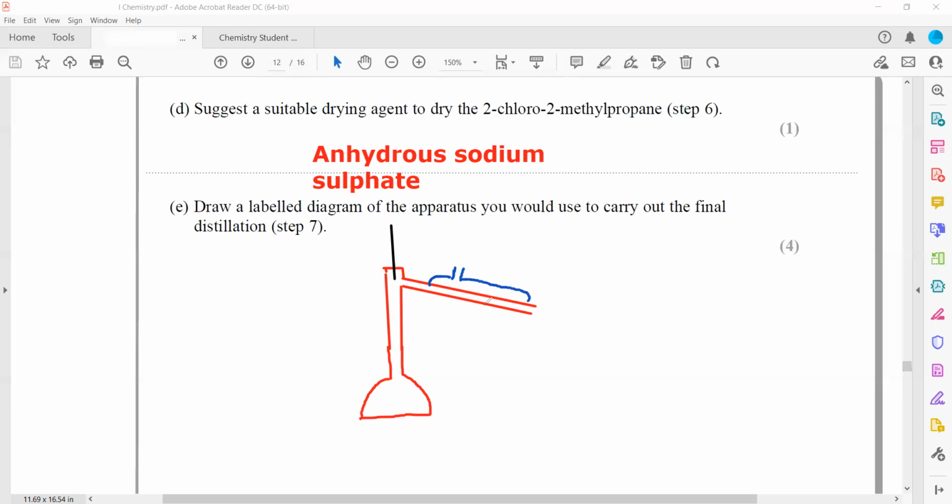Then in this Liebig condenser, you have to label the water inlet and outlet. So water enters from here and leaves. It should be correctly labeled, and then we collect the distillate in the other flask. And the heat source will be there, like a Bunsen burner.